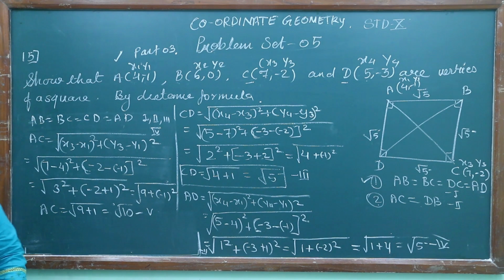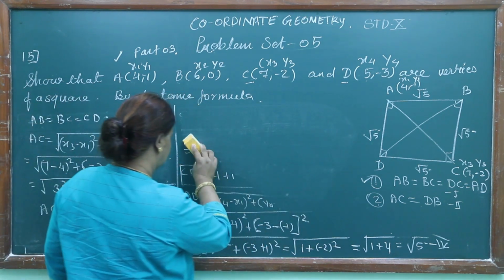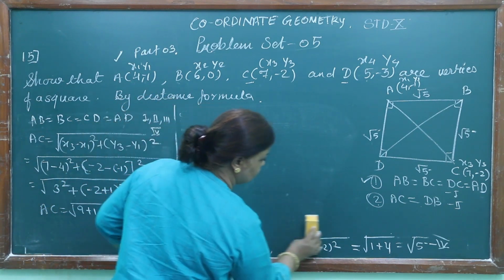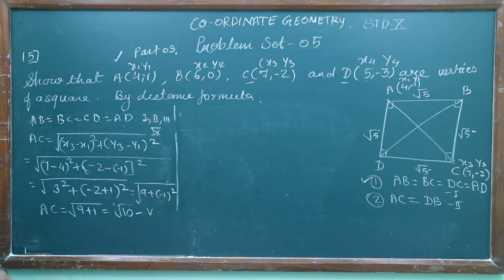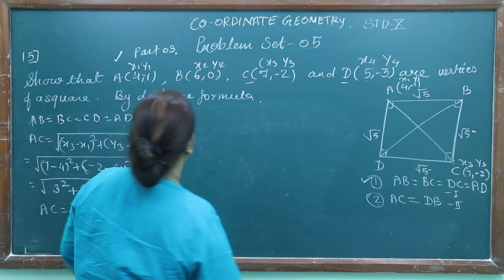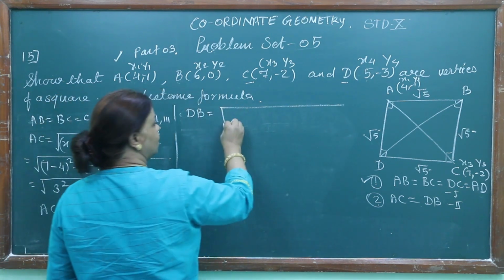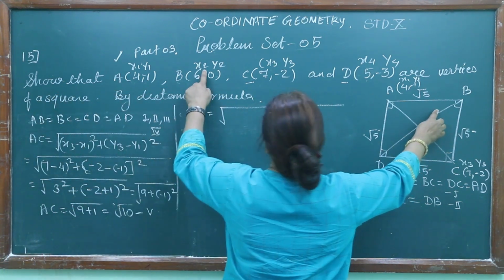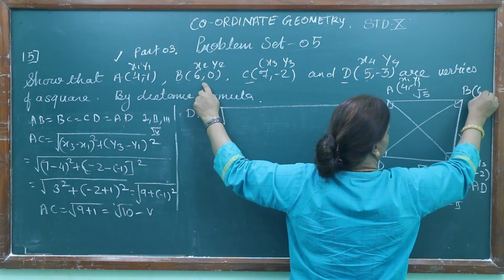Okay. Now let me rub the remaining part of the board. So now we want to find out DB. Again by distance formula. B is x2, y2. That is 6, 0.